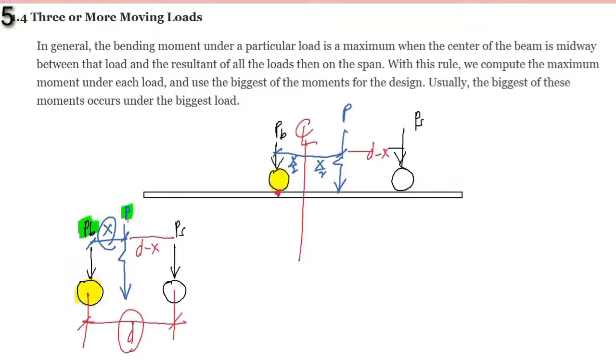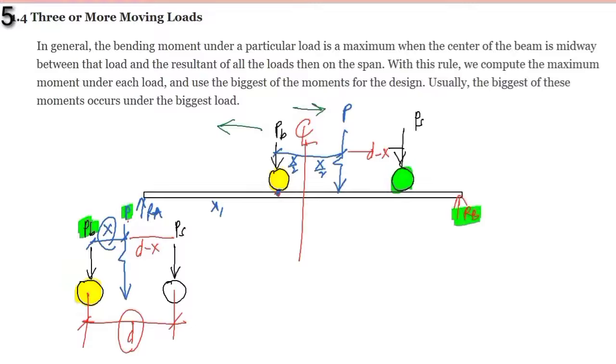The moment would be created by the reaction at this support multiplied by this distance to this point, or on the other side, it would be the sum of the moment created by the reaction at the support and the moment to be created by this PS here. So it's your choice whether to choose the left side of this load here or the right side of that load. Pareho yung moment na makikreate nun.